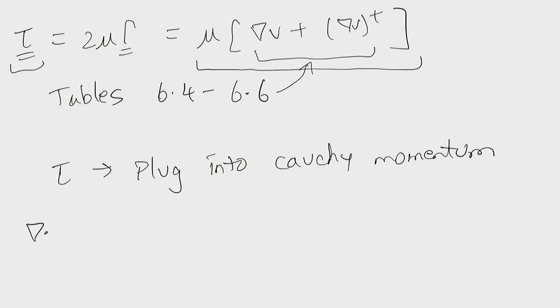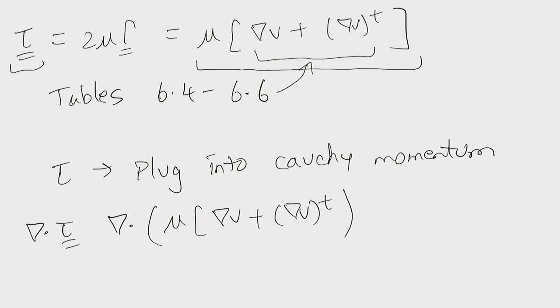So we have del dot tau equals del dot mu grad v plus grad v transpose. Now the only way you can pull out mu is if it's constant. If mu is not constant, then you can't pull it out.